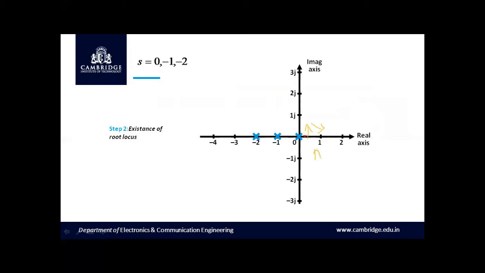No. Hence, root locus does not exist. Now take a point in this location. Look towards your right. We have one pole towards the right. Hence, root locus exists towards the left. Similarly, root locus exists from -2 to infinity.